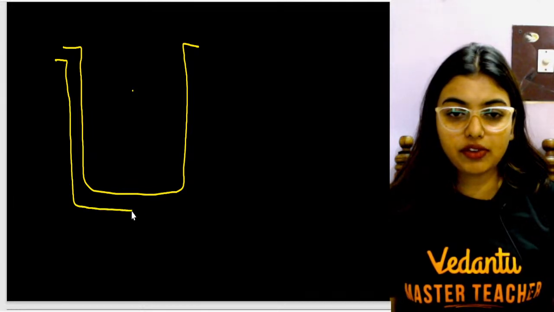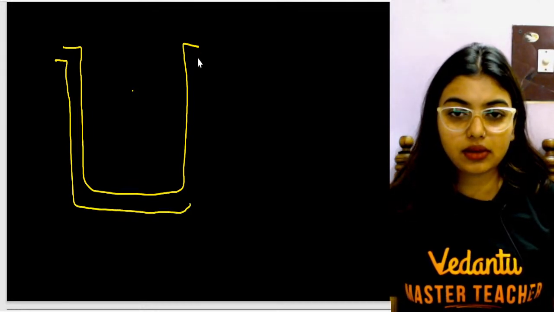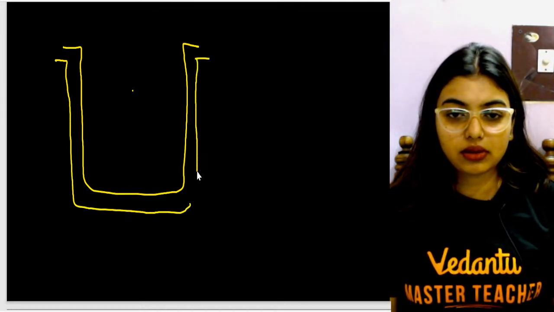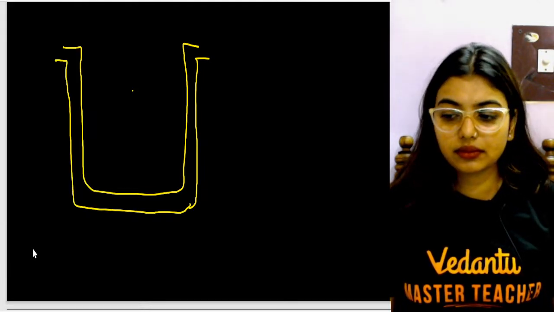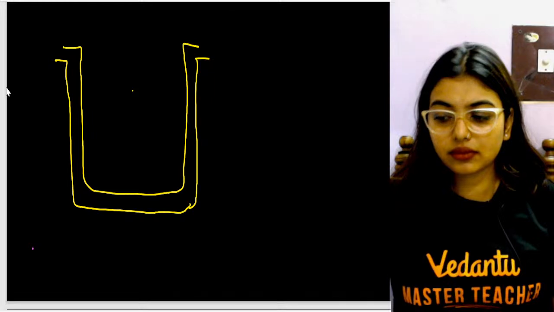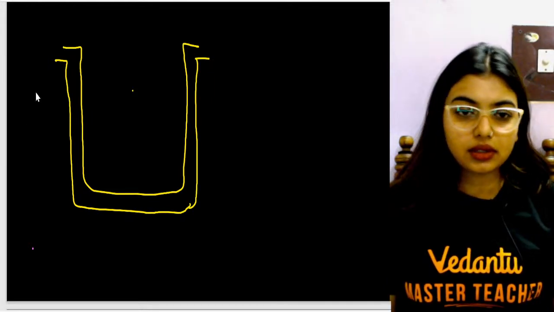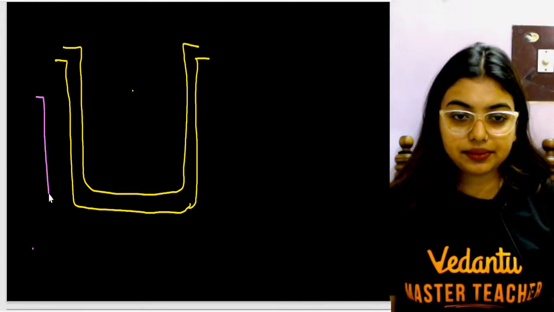This is your loop of Henle. Okay, this is vasa recta.